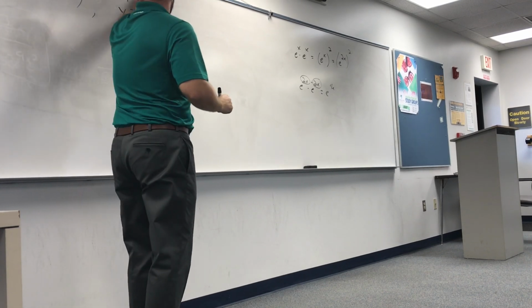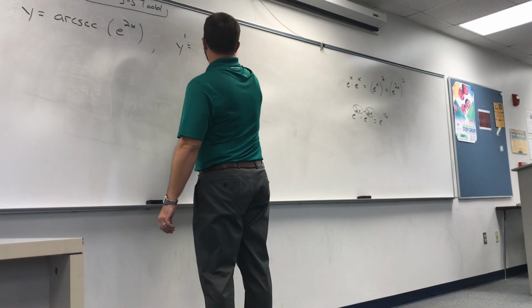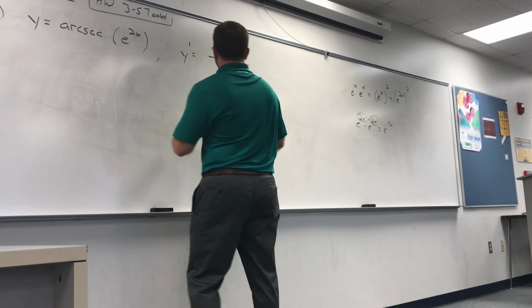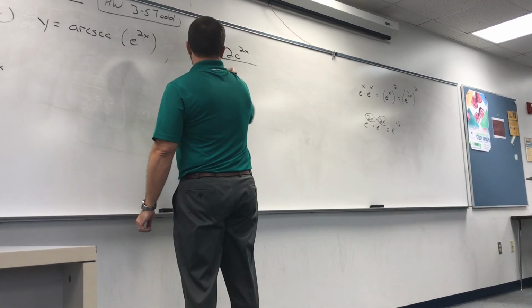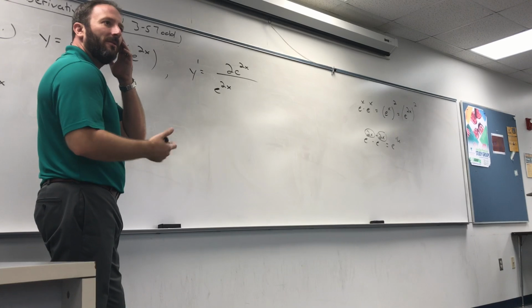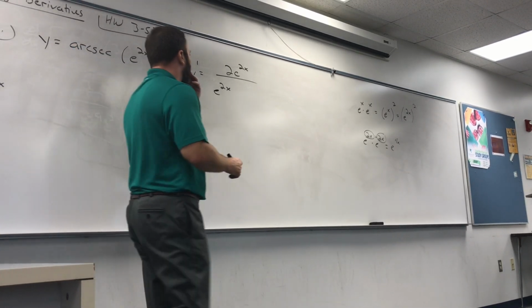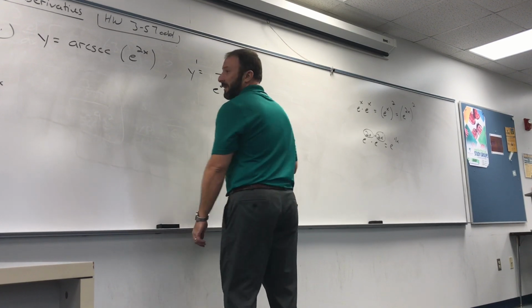So for this one here, arc secant, we've got u prime up top, so 2 e to the 2x, over the absolute value of u. So guys, e to the 2x is always going to be positive, not negative. And then we've got the square root of u squared minus 1.